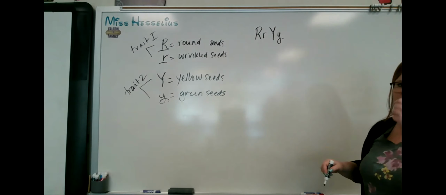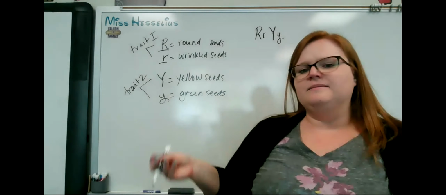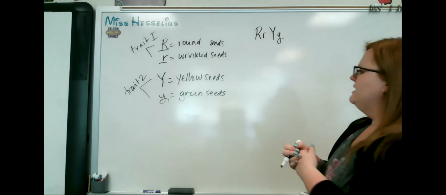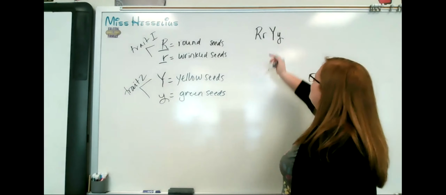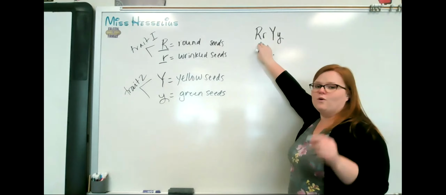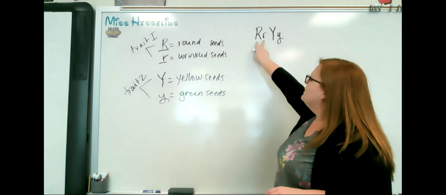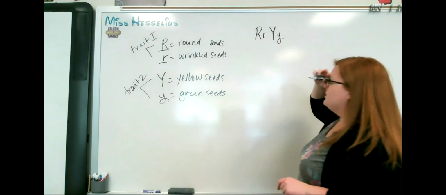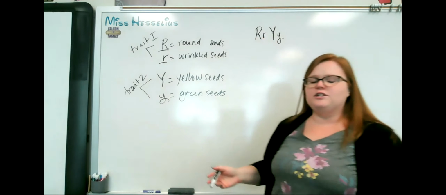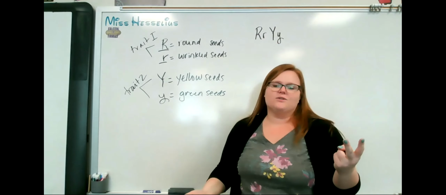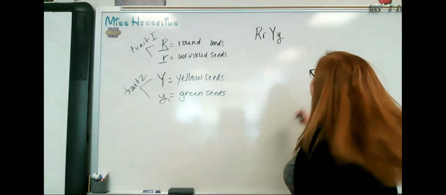We're following two traits at the same time. What are the chances of inheriting both of these in different combinations? When we write a genotype for a dihybrid cross, we have to have 4 letters: 2 for this gene and 2 for this gene, because you have 2 copies of every gene, since you have homologous chromosomes, one from mom, one from dad.